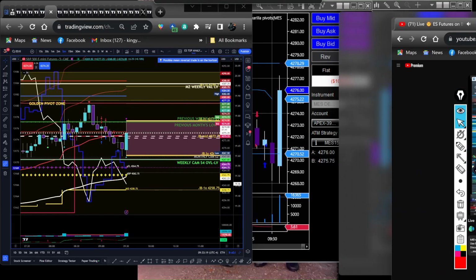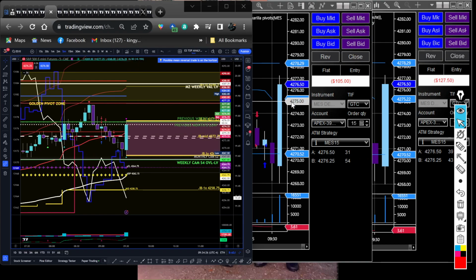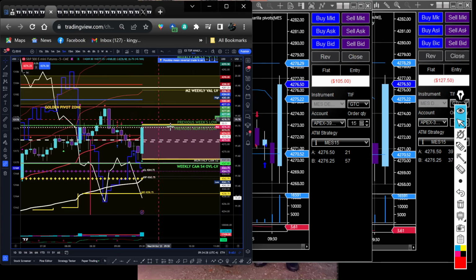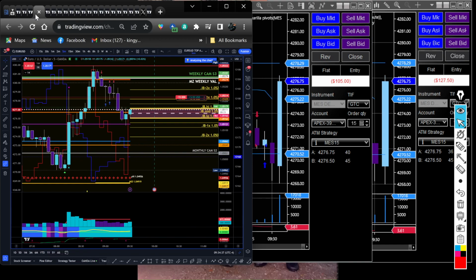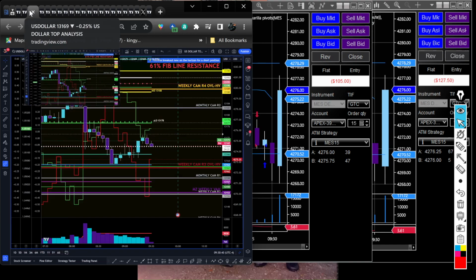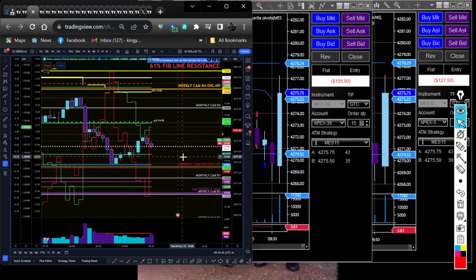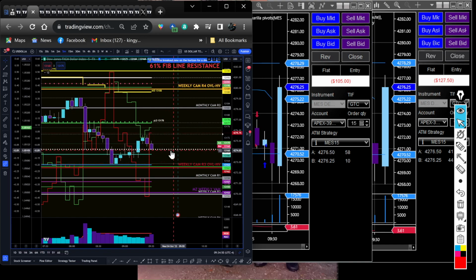Let's see. All right, so the US dollar is pulling back, but not looking like it's selling off. So it's just pulling back a little bit. Maybe this will really be support and we can get the push up from there.